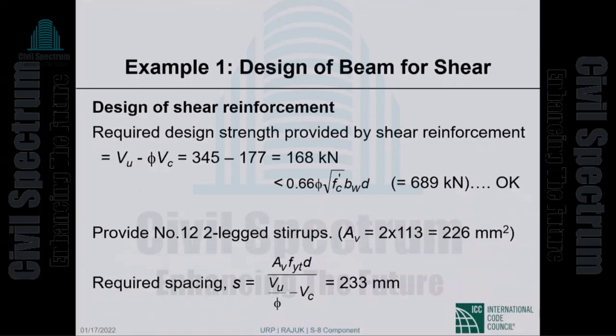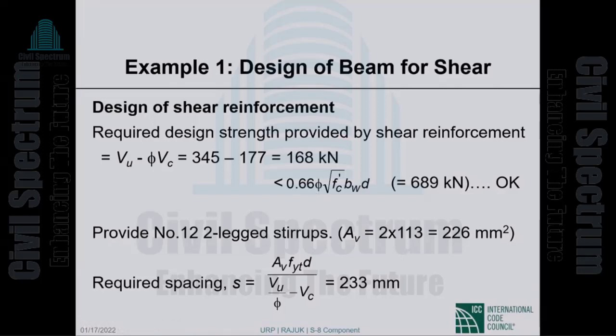So V sub U minus phi times V sub C in our case is 345 minus 177 is 168 kilonewtons. And that is less than 0.66 phi square root of f sub c prime.